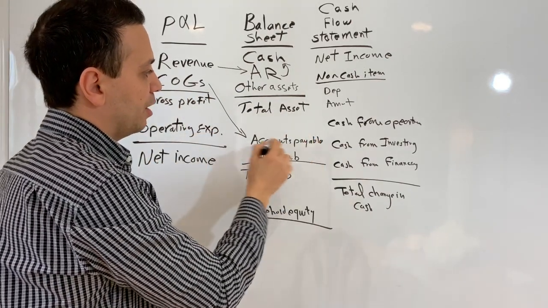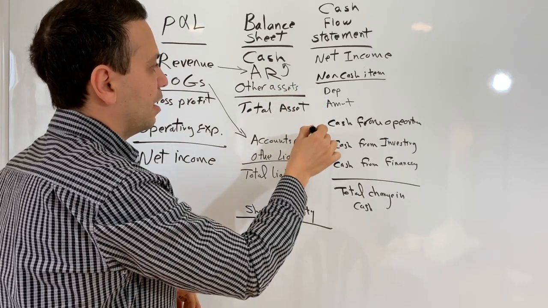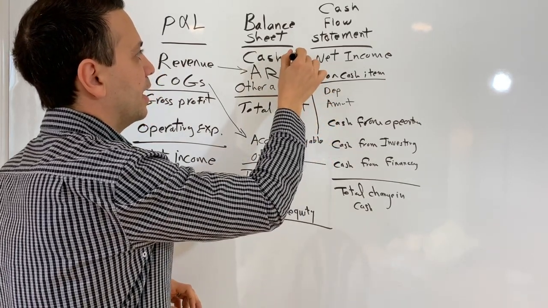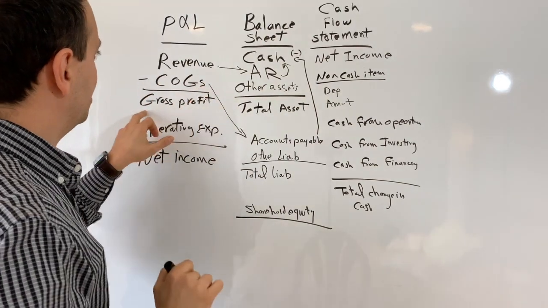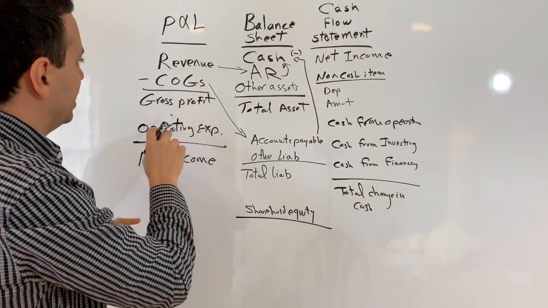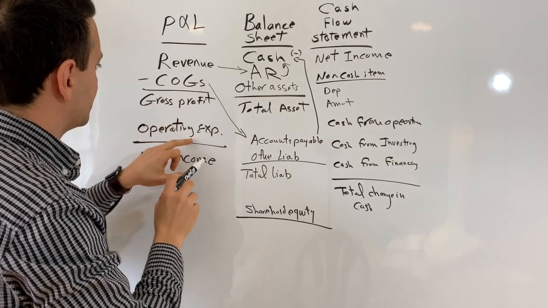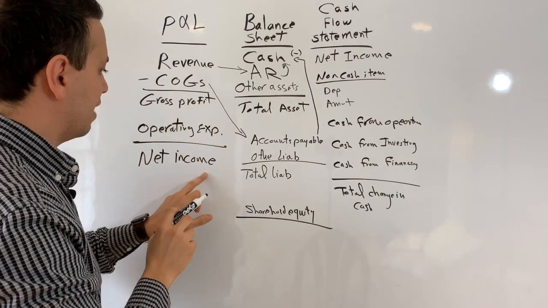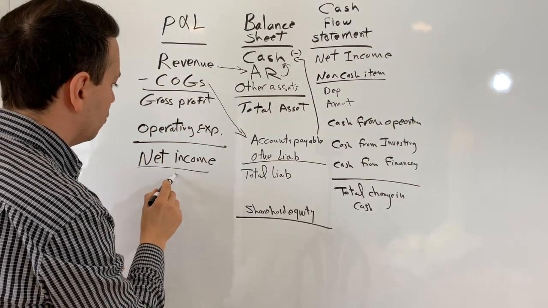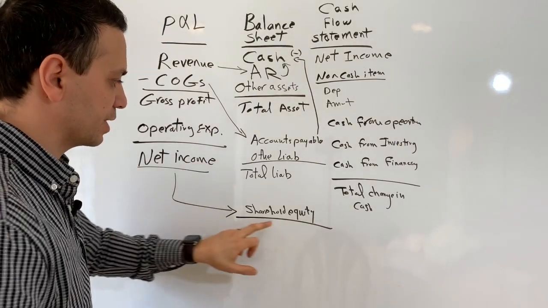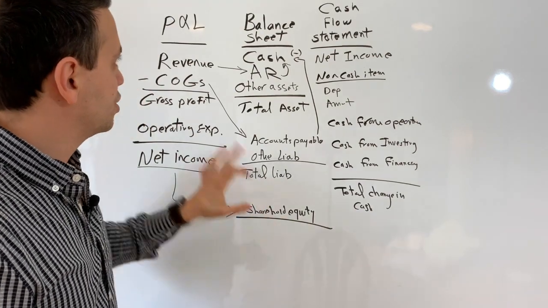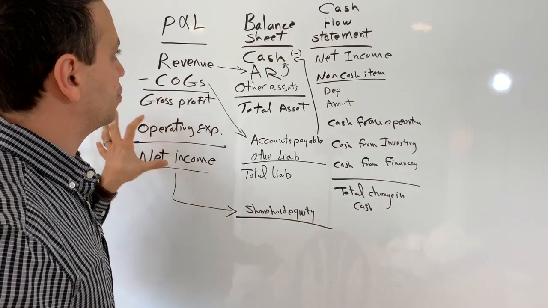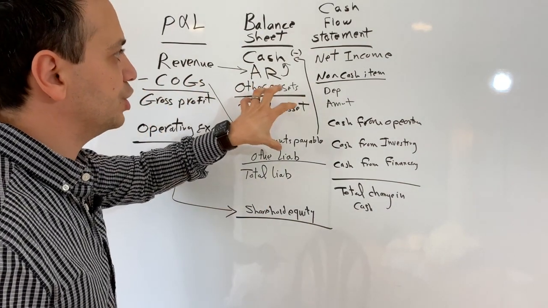When you then pay off accounts payable, that comes out of cash as a reduction. Then you have gross profit on the income statement, minus then operating expenses. You have net income. Net income will then flow into shareholders' equity in the form of retained earnings. So this describes the relationship between the P&L and the balance sheet.